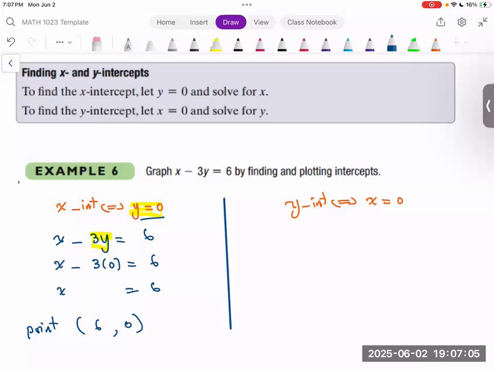Now, I can do it the other way, the same way. So I start with the equation x minus 3y equals 6. I start, obviously, by setting x to 0, which is this one. Plug it in. That's going to be 0 minus 3y equals 6. This turns into minus 3y equals 6.